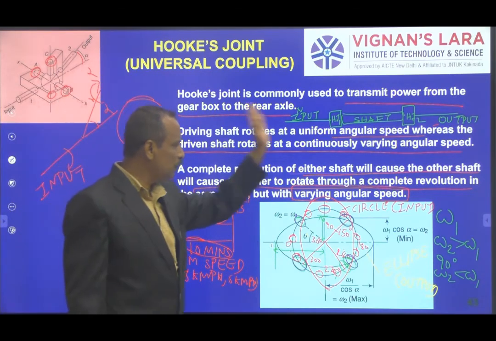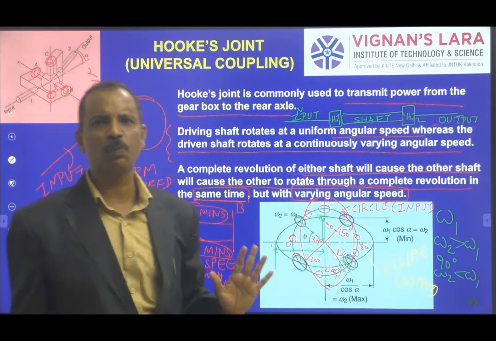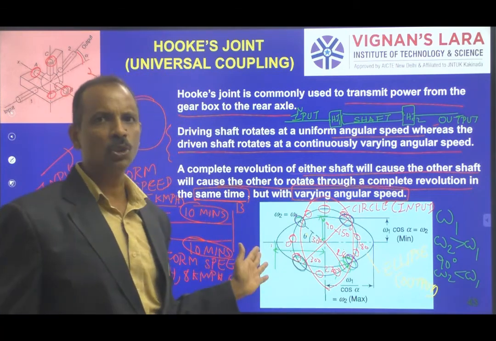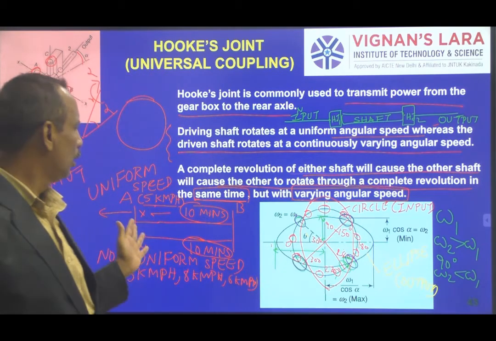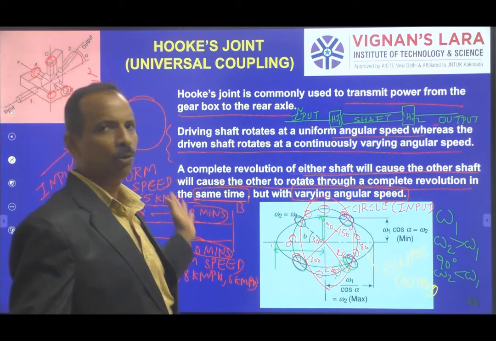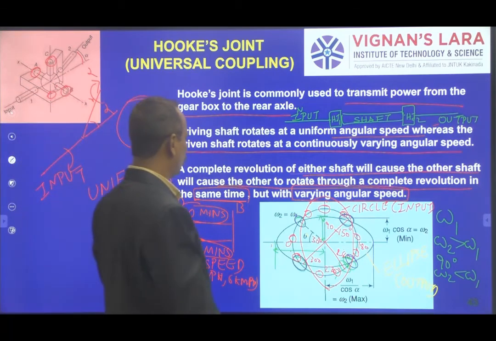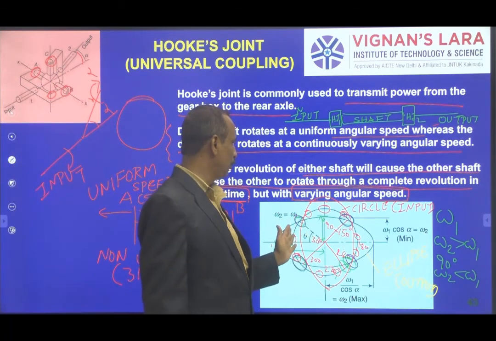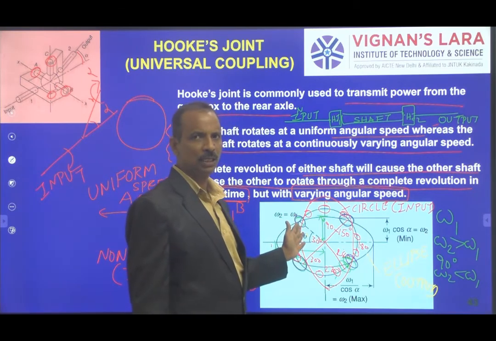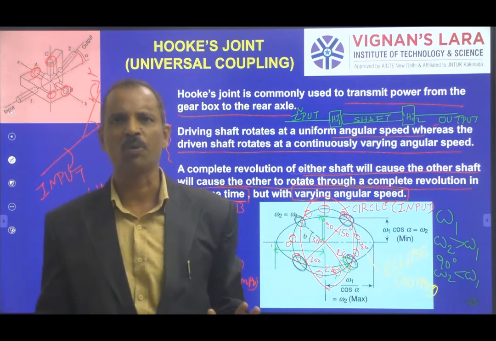So the mathematics part, the analytical part, I have not discussed. I have only explained the phenomena: what is happening in a single hook joint, what is happening in the double hook joint, why we have to go for a double hook joint, and at what location you get the input shaft and output shaft at the same angle, same angular velocity. This is all I have explained without any mathematical proof.